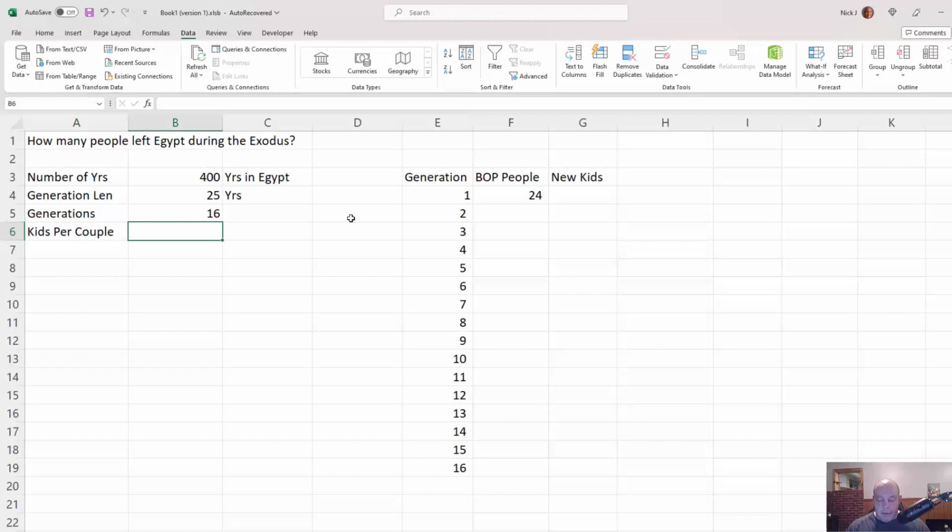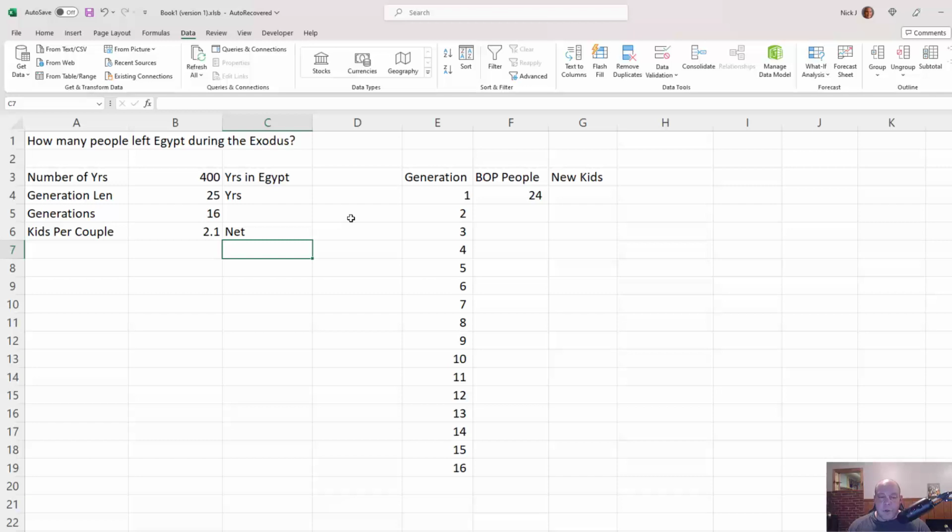Let's say that they have 2.1 kids per couple. That means every couple is going to have 2.1, let's say, net kids over the course of their lifetime. When I say net kids, I mean how many kids do you have in your life that grow up and get old enough to reproduce?